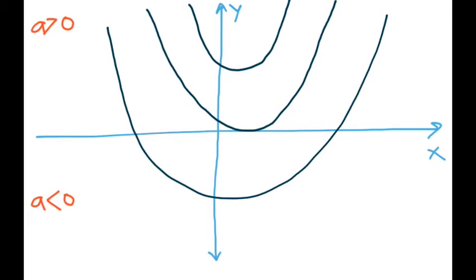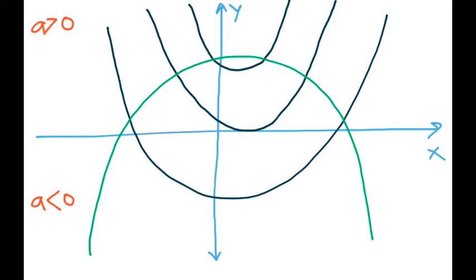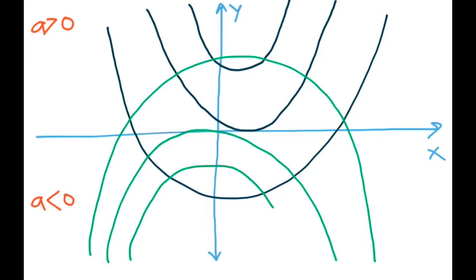Similarly, when a is less than 0, the graph can intersect the x-axis or it can touch the x-axis. The third use case is neither touch nor intersect, right?